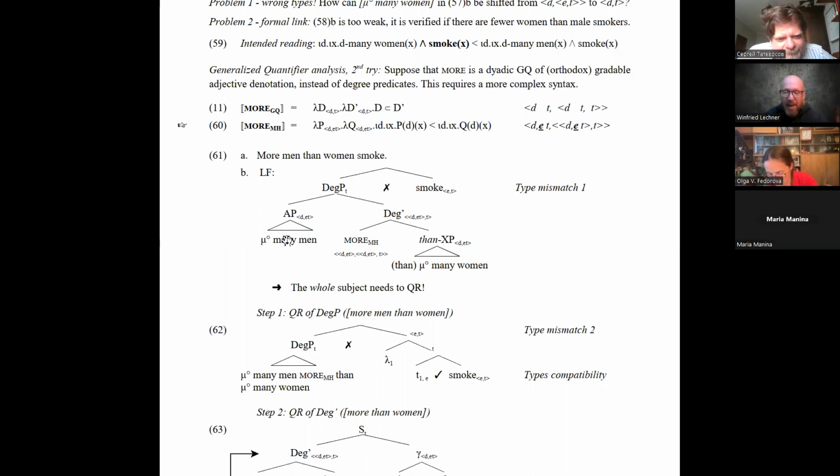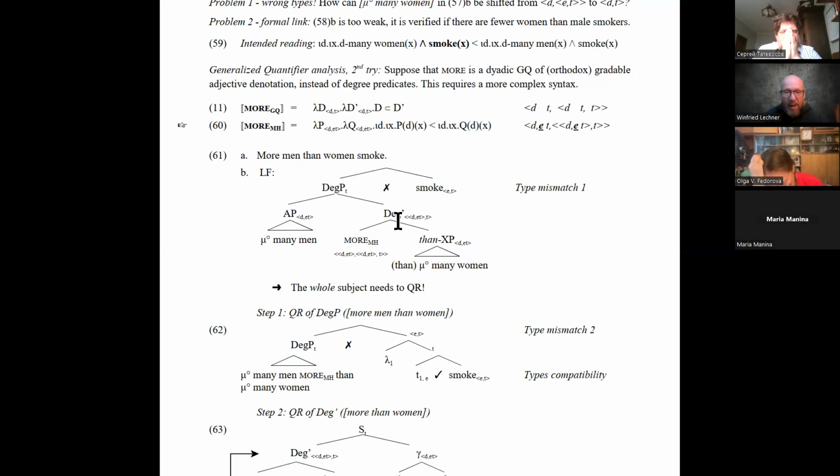And the head of the AP is many. So many will basically be spelled out as more. It's just a side remark on morphology. So the syntax looks like this. We have now a higher order more that can combine with its sister node.